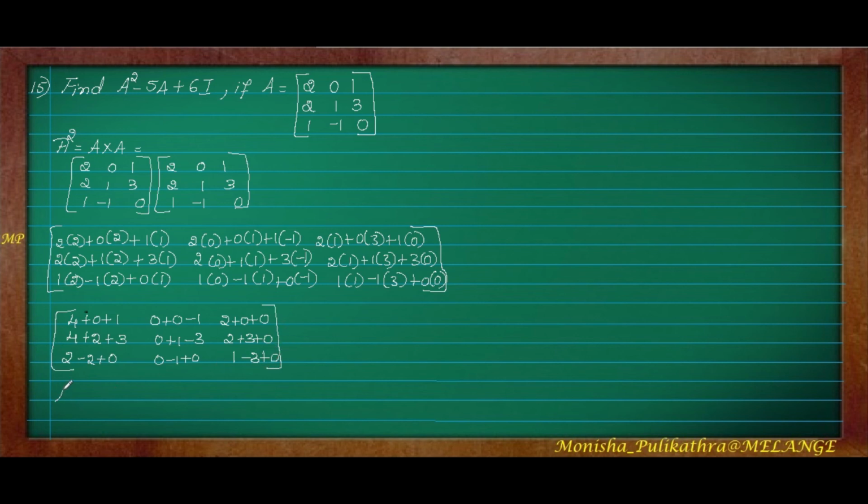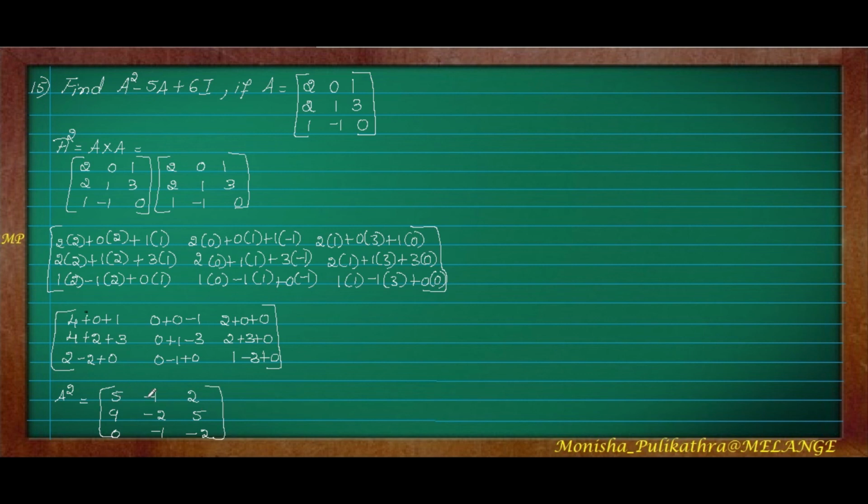Therefore, the value for A square is 5, minus 1, 2, 9, minus 2, 5, 0, minus 1 and minus 2.